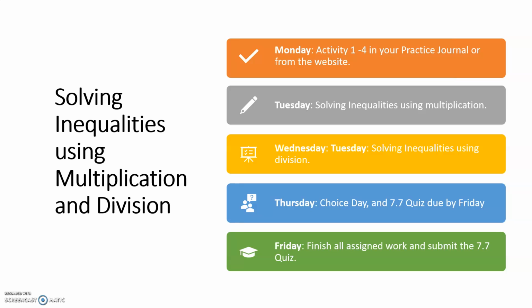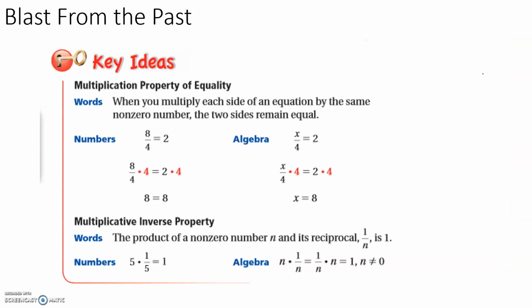So for this week, we're on Tuesday. We're going to be solving inequalities using multiplication. Let's look at a blast from the past, going back to solving equations using multiplication and division. You have the two properties: the multiplication property of equality and the multiplication inverse property. I'm not too concerned with those terms.